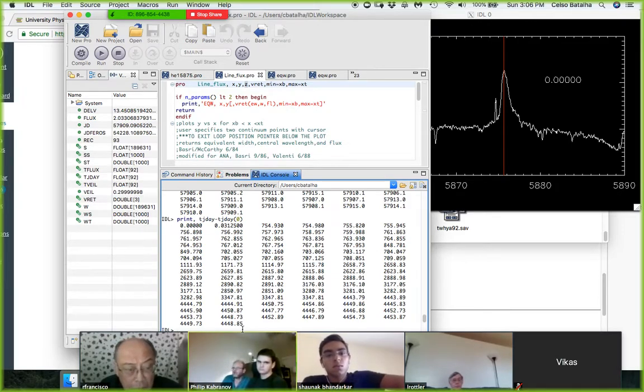When I first read the FITS file, I extract and convert the FITS binary into a safe binary file. And in that file, I put the Julian date because I knew we would need it just to see how the variation would go in time.